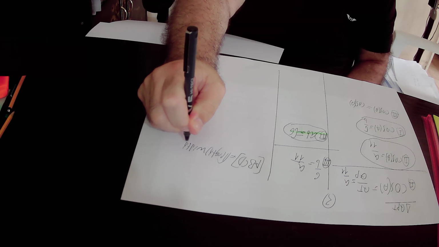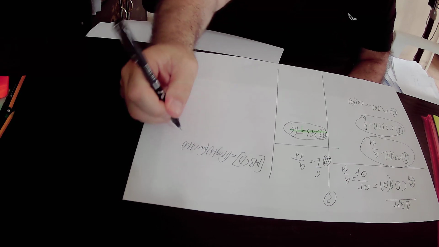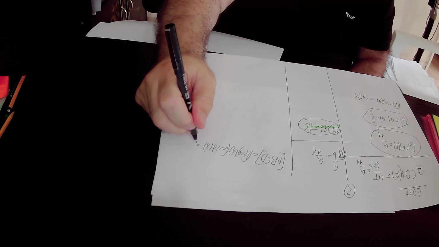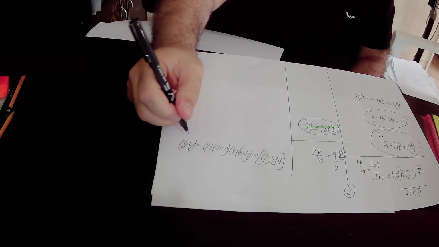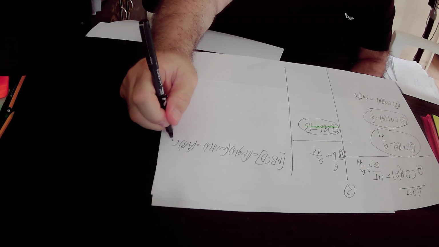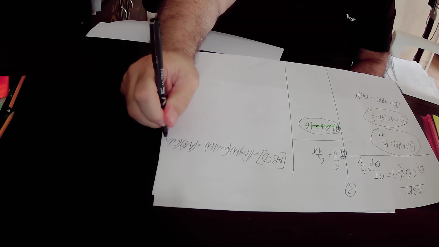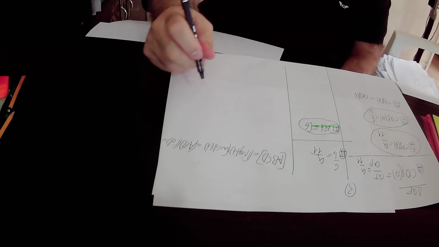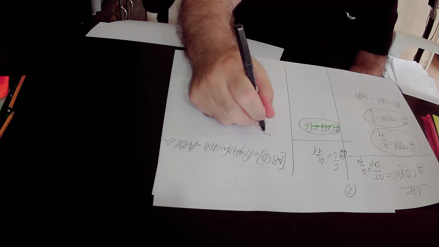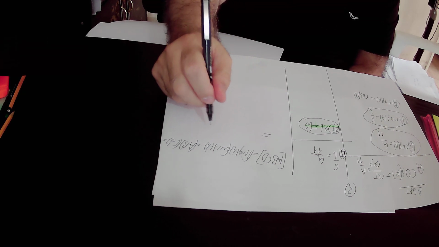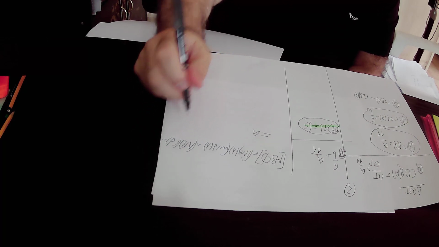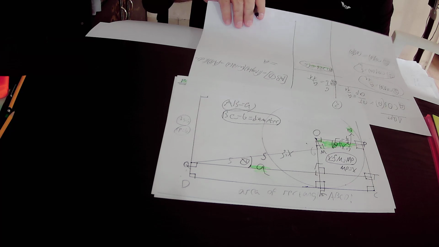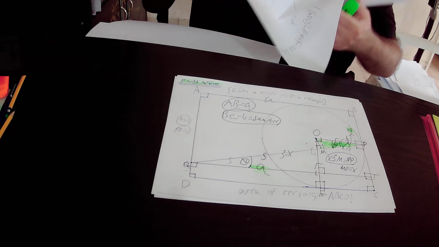The length of rectangle ABCD is equal to AB, and the width is equal to BC. And according to our definition, AB equals A, and it is AB times BC.